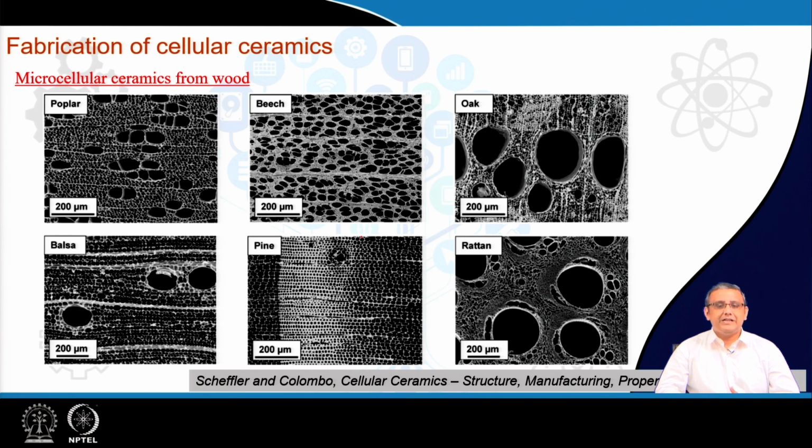So if this graded structure of the wood is converted into a porous ceramic, then it should be possible to maintain this unique microstructure of the wood, and that will allow us to design materials not possible with any of the conventional artificial porous ceramic fabrication techniques we have discussed so far.